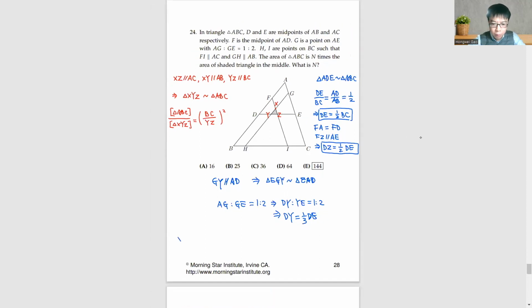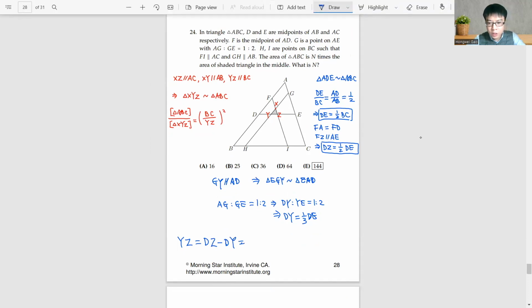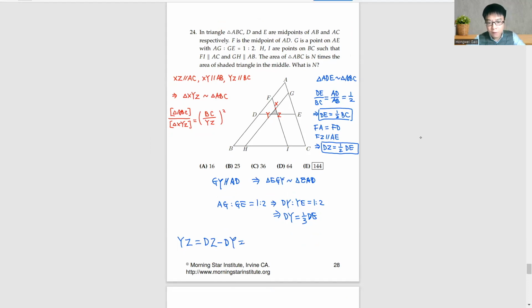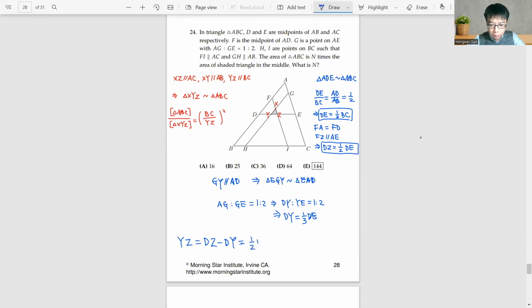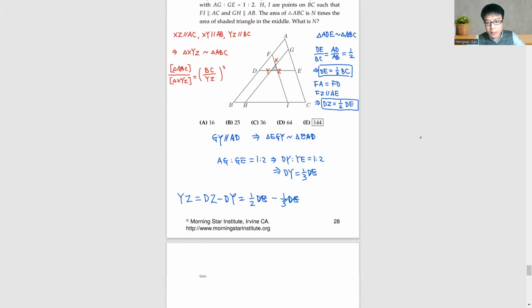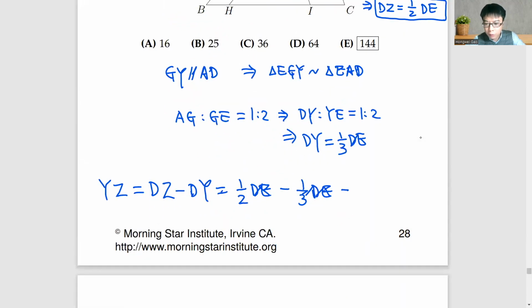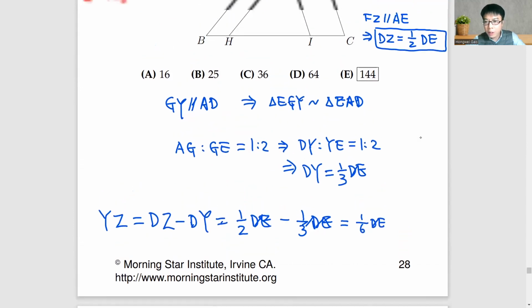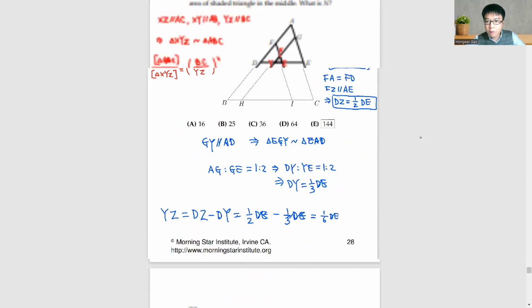All right, in this way, we can find the YZ now. Our conclusion is that YZ is DZ minus DY. Now we know DZ is 1/2 of DE. And the DY is 1/3 of DE. So this is 1/6 of DE. But we know DE is 1/2 of BC.